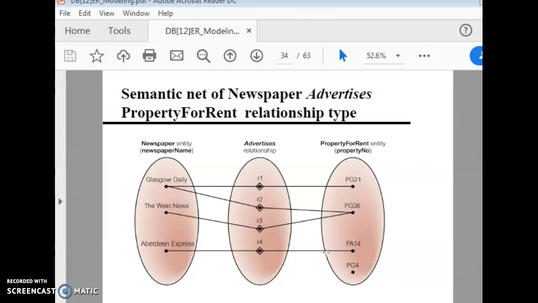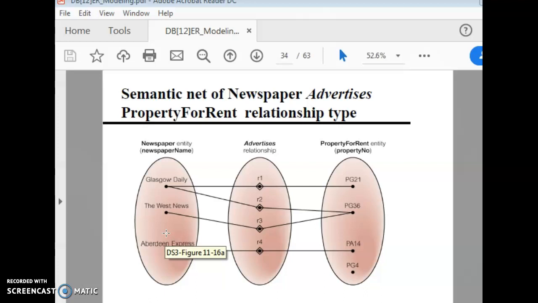Advertises is the relationship type. R1, R2, R3, R4 are its relationship occurrences. Newspaper is an entity type with entity occurrences Glasgow Daily, the West News, Aberdeen Express. Property for rent is an entity type with entity occurrences PG21, PG36, PA14, PG4.